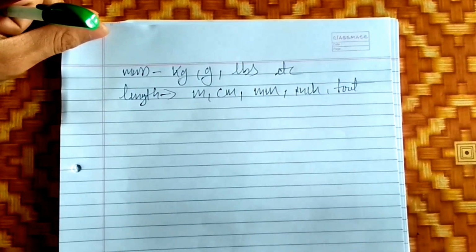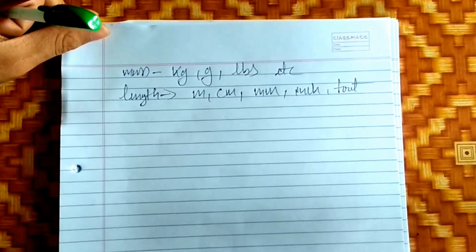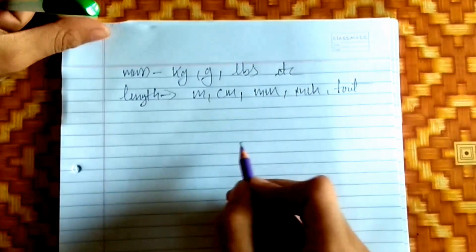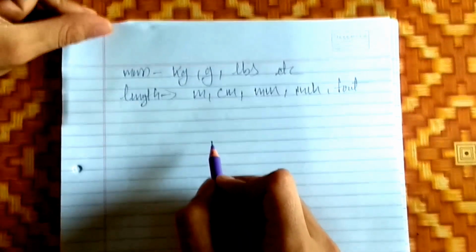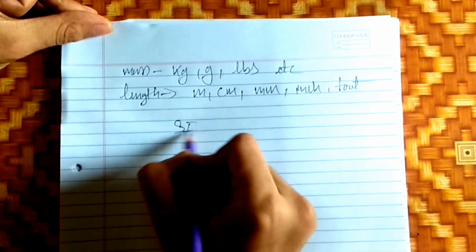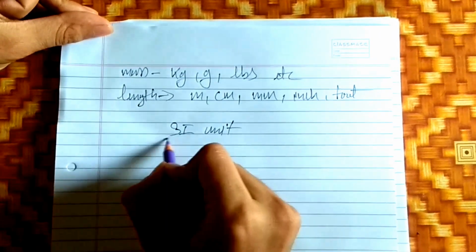So to solve this problem, to solve this conflict, scientists throughout the world came to an agreement and accepted a system of units internationally known as the SI unit, the SI system of units.